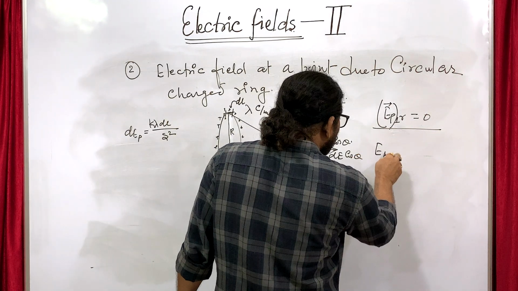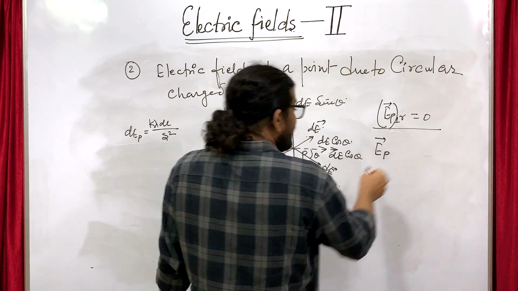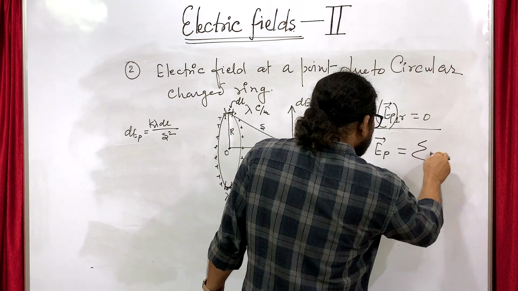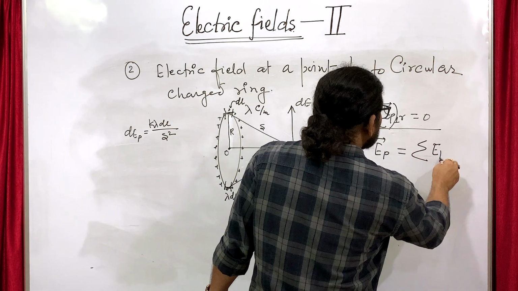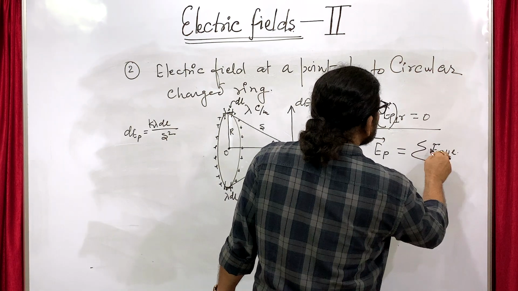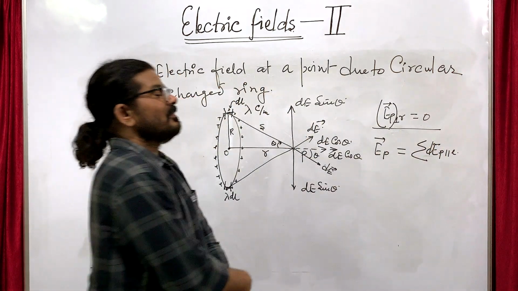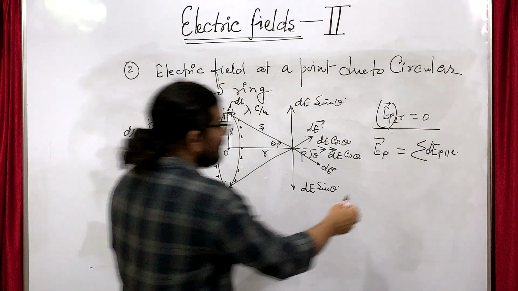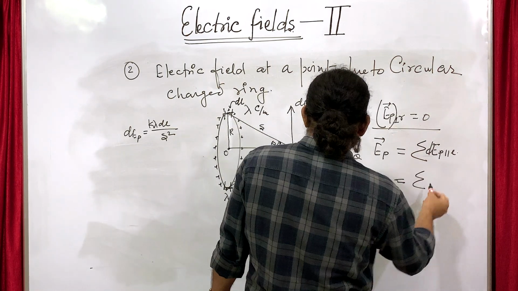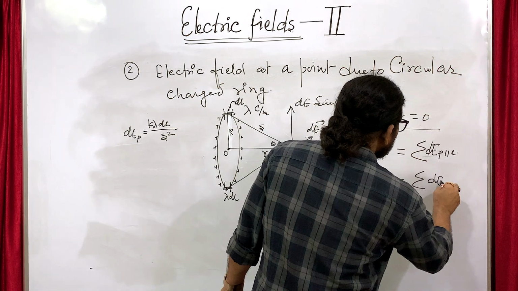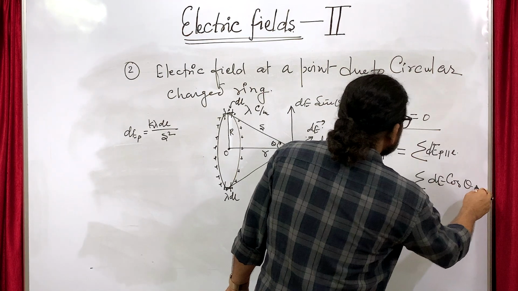It means the electric field at P is going to be nothing but the summation of the parallel components of the electric field at P, or we can write this as the summation over dE cosine of angle theta.